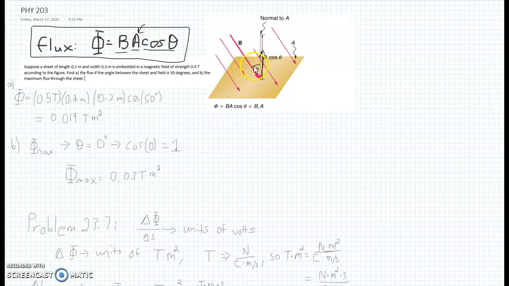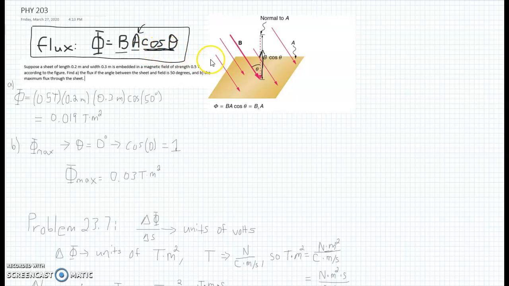So if the plane itself is perpendicular to the field, then that means the normal to the area is parallel with the field. That's why this is a cosine instead of a sine.